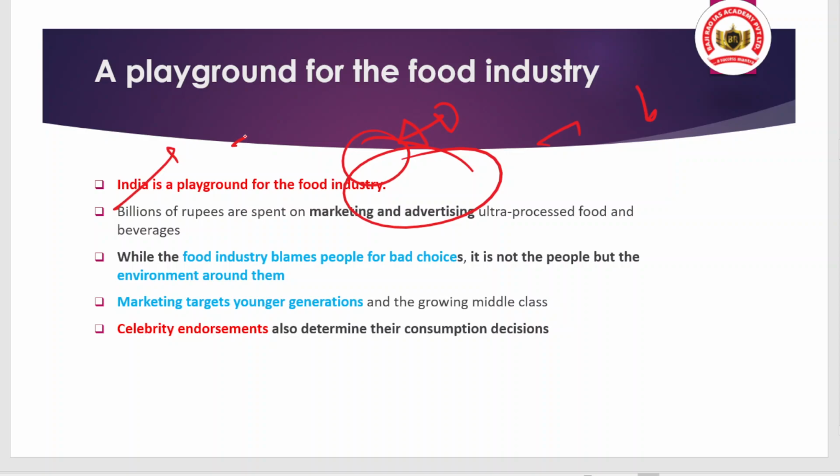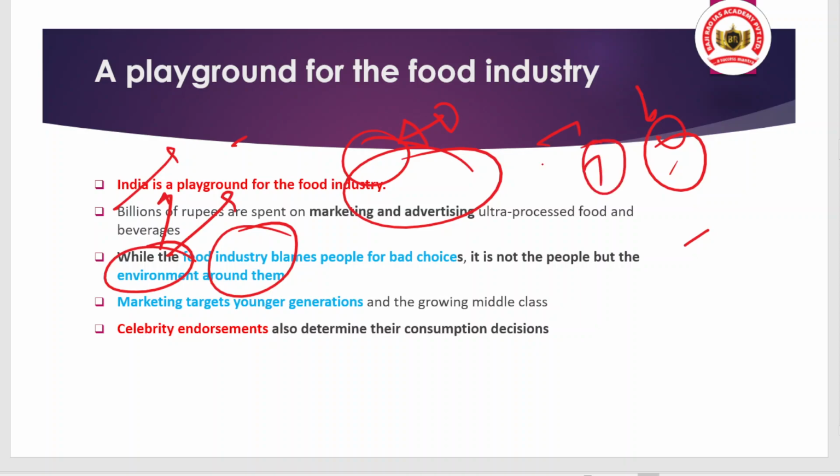And who is responsible for this? The food industry says that it is people who choose to eat. But remember, the dominating environment is responsible for this increasing trend of ultra processed food. What is the environment here? Everyone is going to eat fast food, and they are not promoting traditional diets.